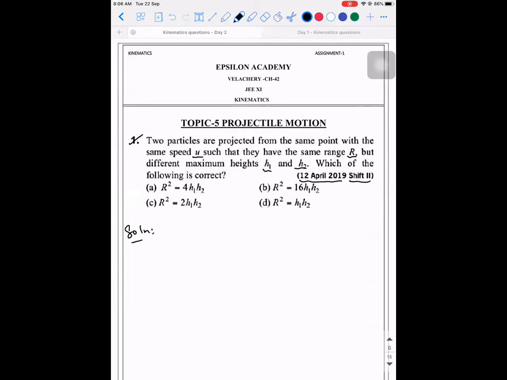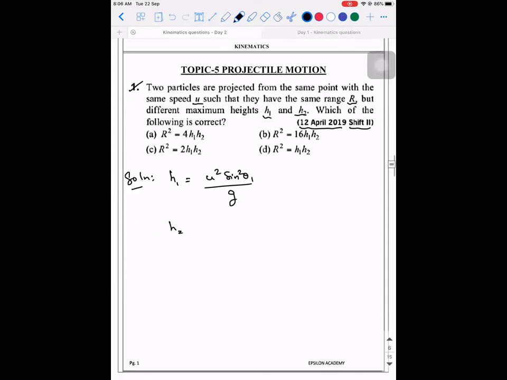So u is same, r is same. H1 is equal to u square sine square theta 1 by g. What is h2? U square sine square.